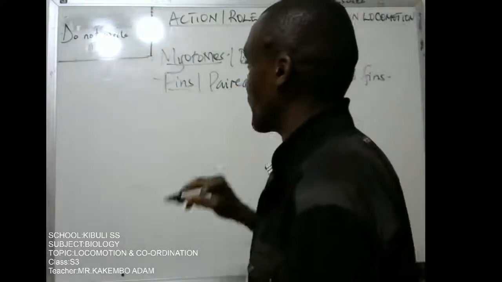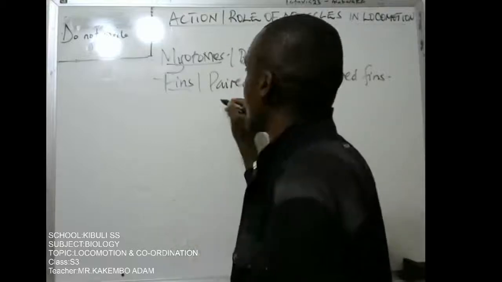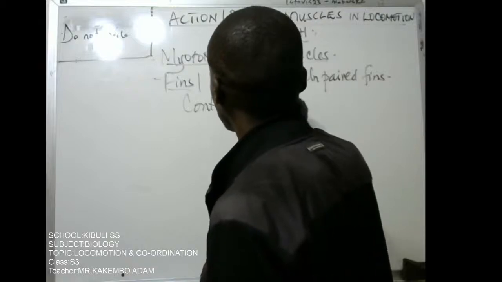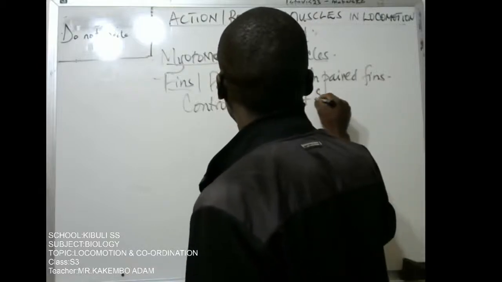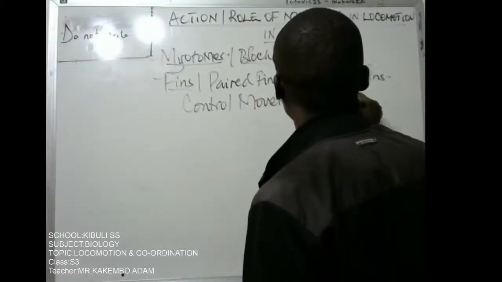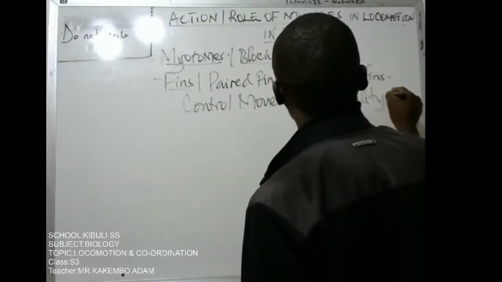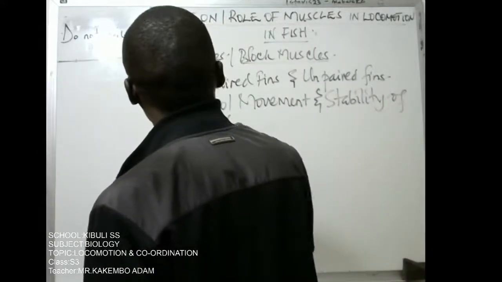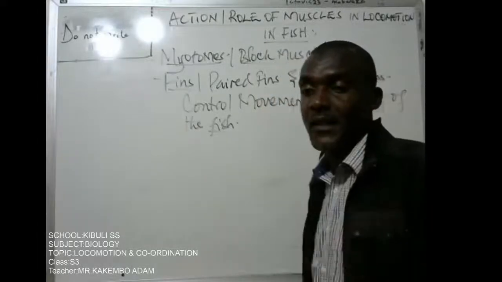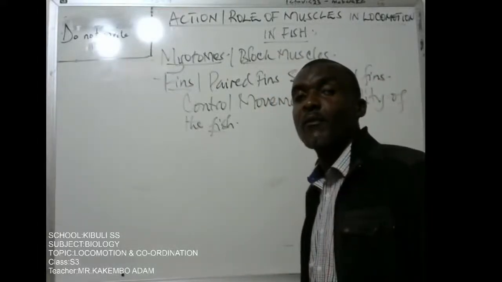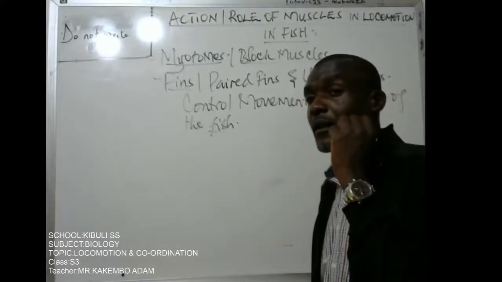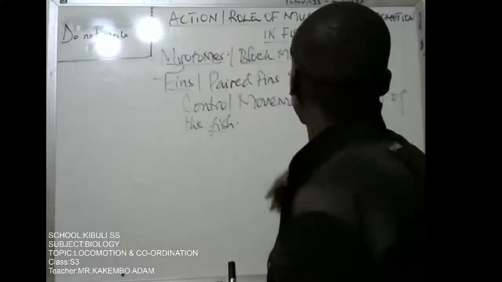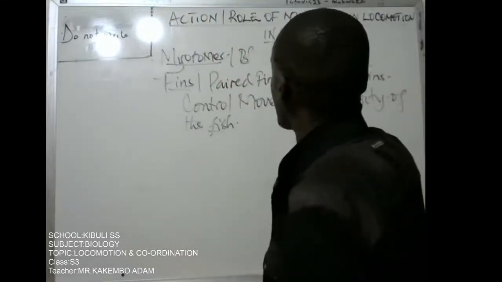But the main role of the fins is to control movement and they are also important in the stability of the fish when in water. They control unstable movements in fish. We shall also talk about them today and finish up with locomotion. So let us look at the role of muscles in locomotion in fish.